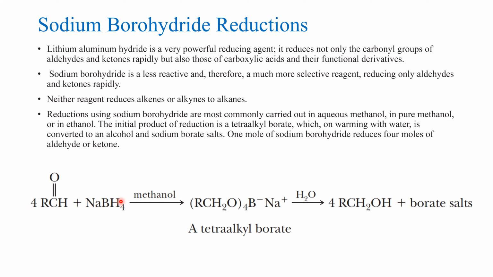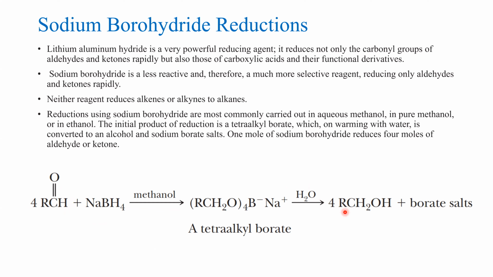It means this 1 mole of sodium borohydride is enough to reduce the 4 moles of aldehyde. So this is the relationship: if you are using 1 mole of sodium borohydride, it will reduce 4 moles of aldehyde in the presence of methanol, and then we will work up with the water.